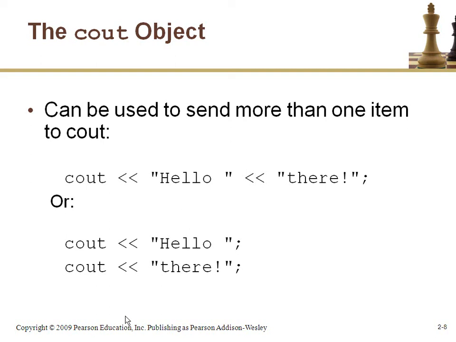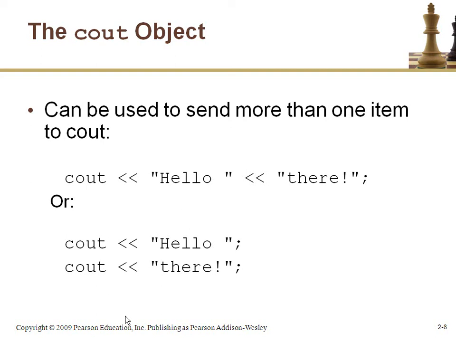The cout can be used to send more than one item to the screen. Let's look at one example. We have cout, the double less-than sign or insertion operator, "Hello ". Notice that the hello ends with a blank before the closing double quote, and again the insertion operator and the string "there!" with the semicolon.